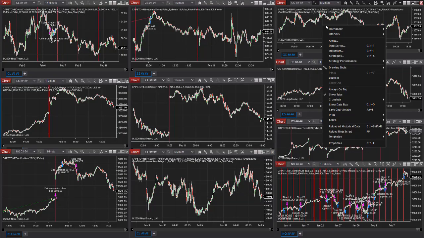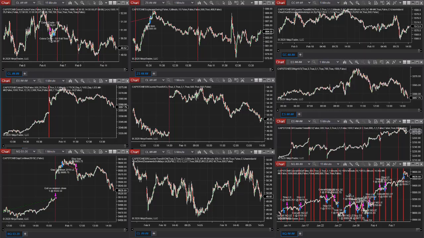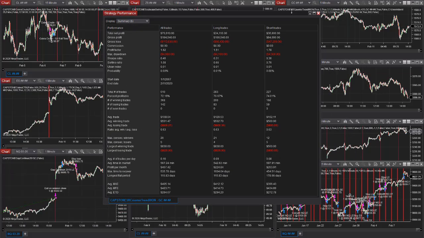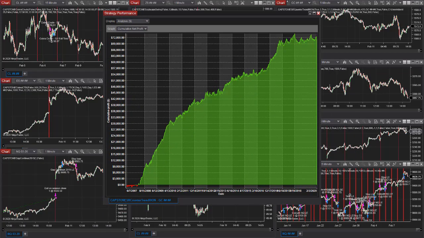Here's SR CounterTrend III Gold. It has the same data setup based on the NinjaScript, setting up the custom sessions within the NinjaScript for data 2 and data 3. Here is the equity curve.